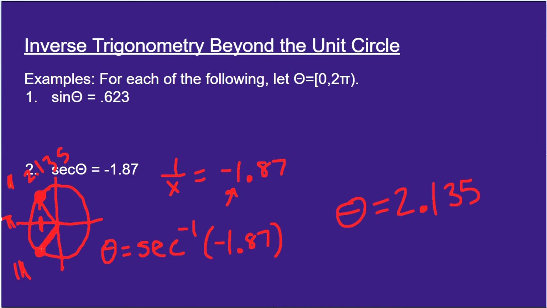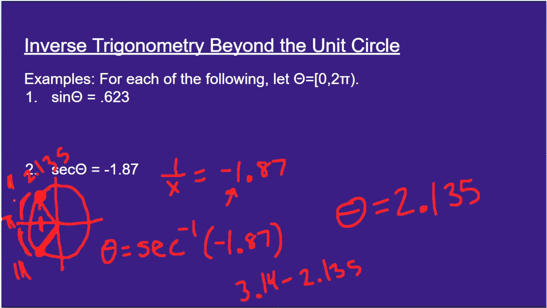Now, there's two ways you can do it. First of all, you could figure out how big is the gap between pi and my first solution, and then deal with the same gap here. So I could do that by saying, okay, well, 3.14 minus this angle of 2.135, and then that's the gap, right?